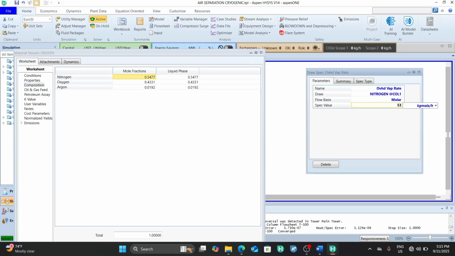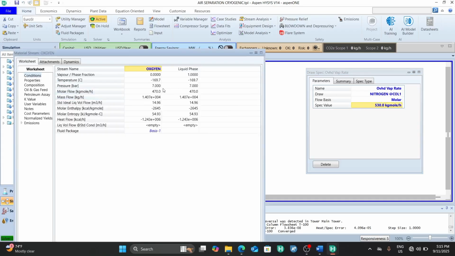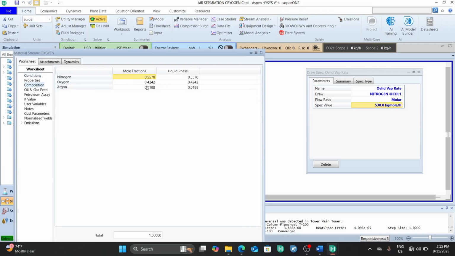Let's make this 530. Right, this makes us 470, yes, and 42.42. So 0.4242 times 470 gives us 199.37.